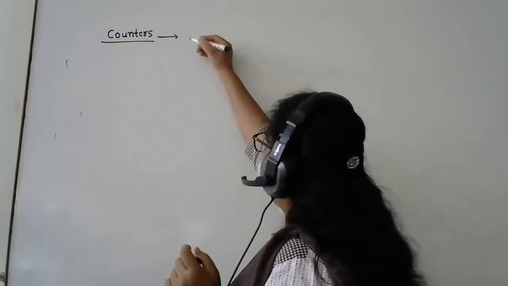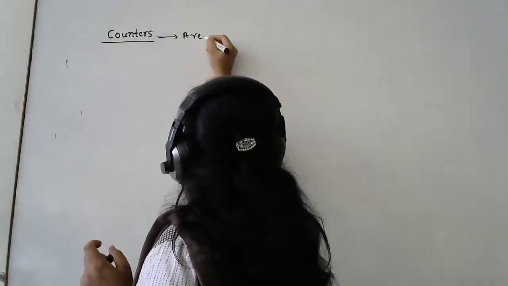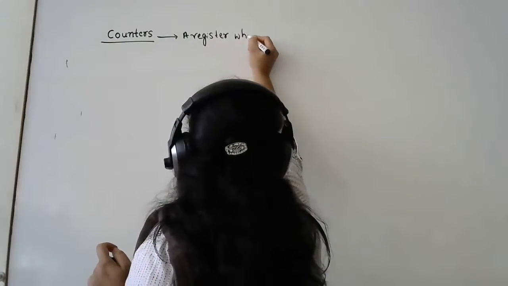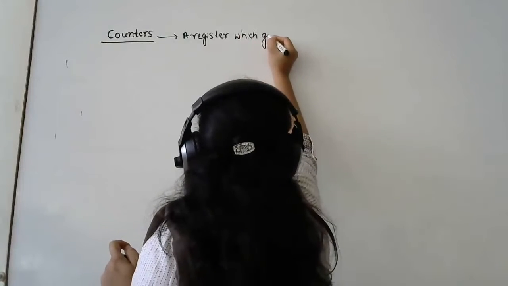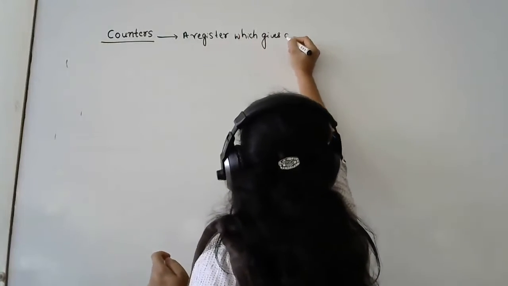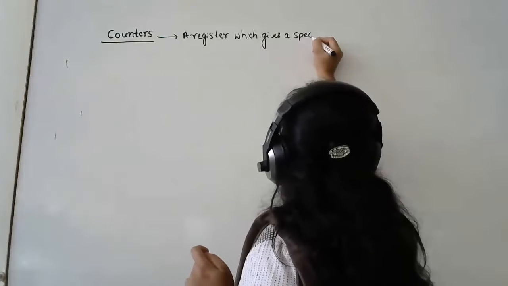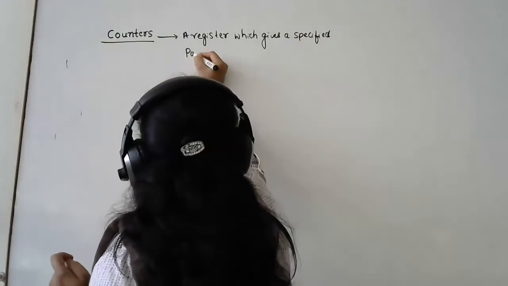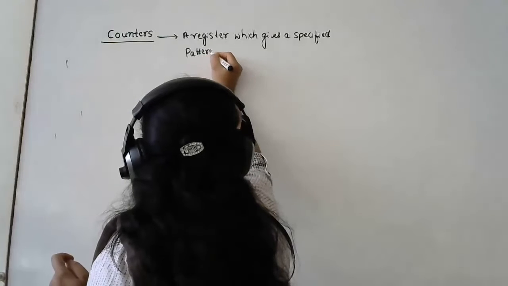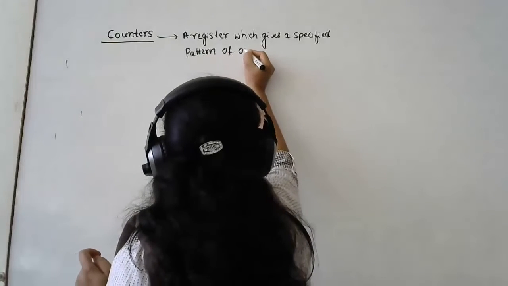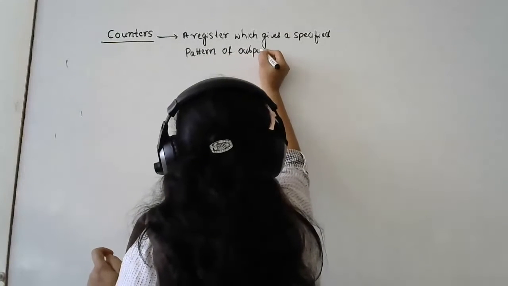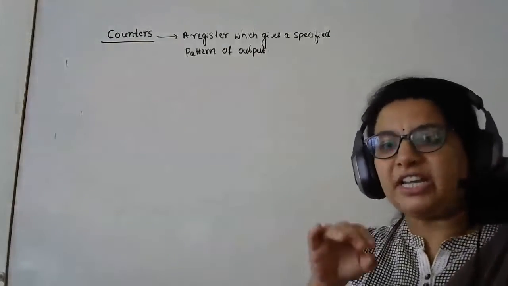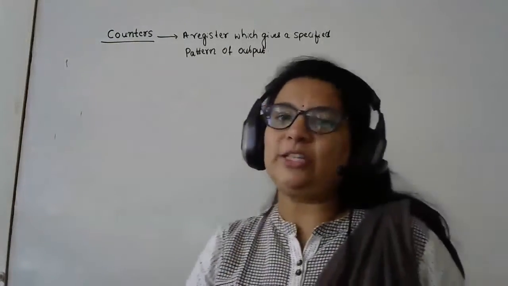It is a register or additional entity which gives me a specified pattern of output. A register which gives a specific pattern of output is called a counter.